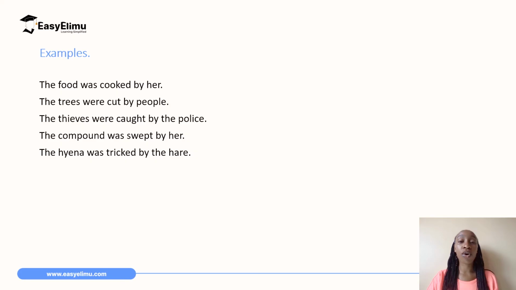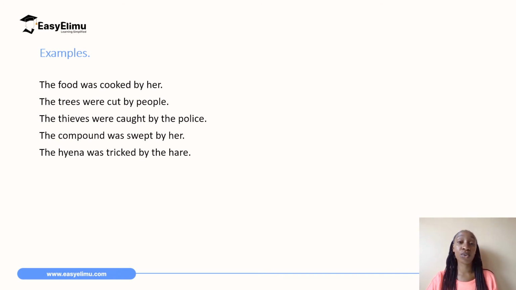The thieves were caught by the police. So the thieves is the object, were caught the verb, were is an auxiliary verb, caught is the main verb, by the police. The police is the subject.